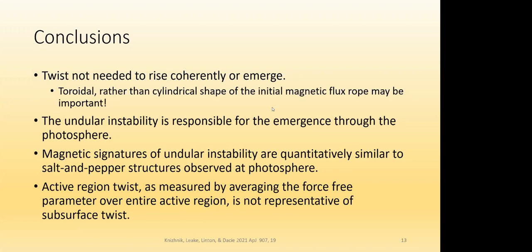I'm not familiar with that paper, but I think that the twist in the corona, for example, is different than the quantity that's being measured at the photosphere, and certainly, reconnection will make it seem like twist has disappeared when in reality it's just moving to larger scales. So I'm not entirely sure what to say about that, because I'm not familiar with that work.